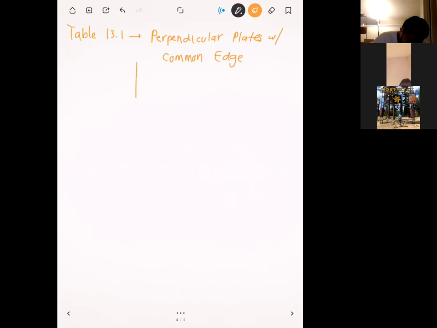The figure looks something like this. This is exactly what we have between surfaces 1 and 2, because they are perpendicular to each other, or in other words, the angle between them is 90 degrees, and they share a common edge, which is this one right here.